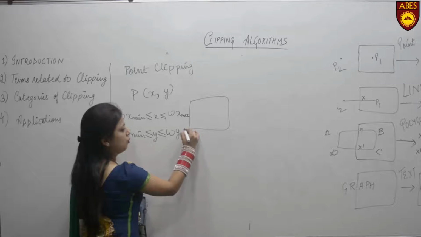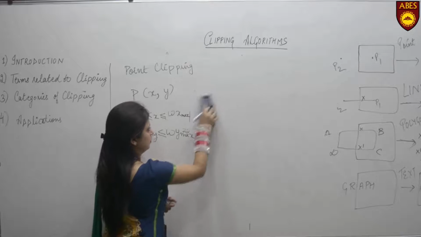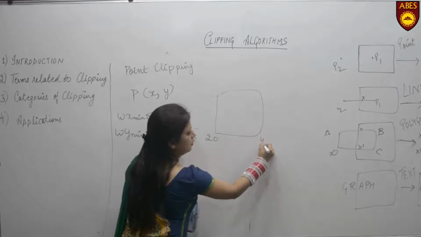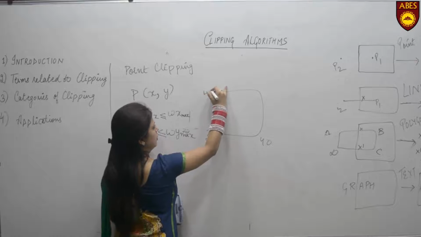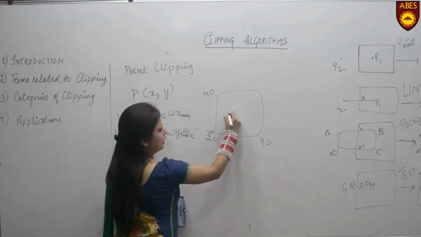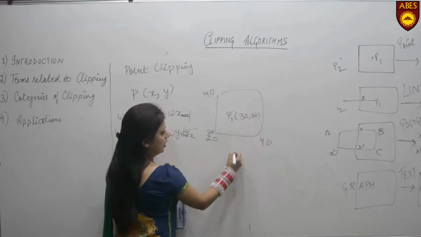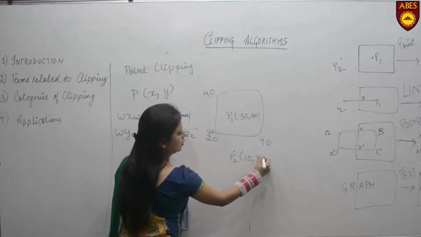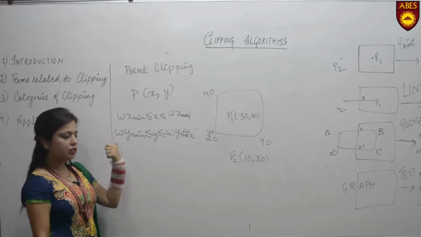For example, if your window starts at 20 and ends at 40 for X, and similarly for Y it starts at 20 and ends at, for example, 40. If we take a point P1 which has coordinate values 30, 30 and another point P2 which has coordinate values 10, 30, let's check whether they satisfy the above inequalities or not.